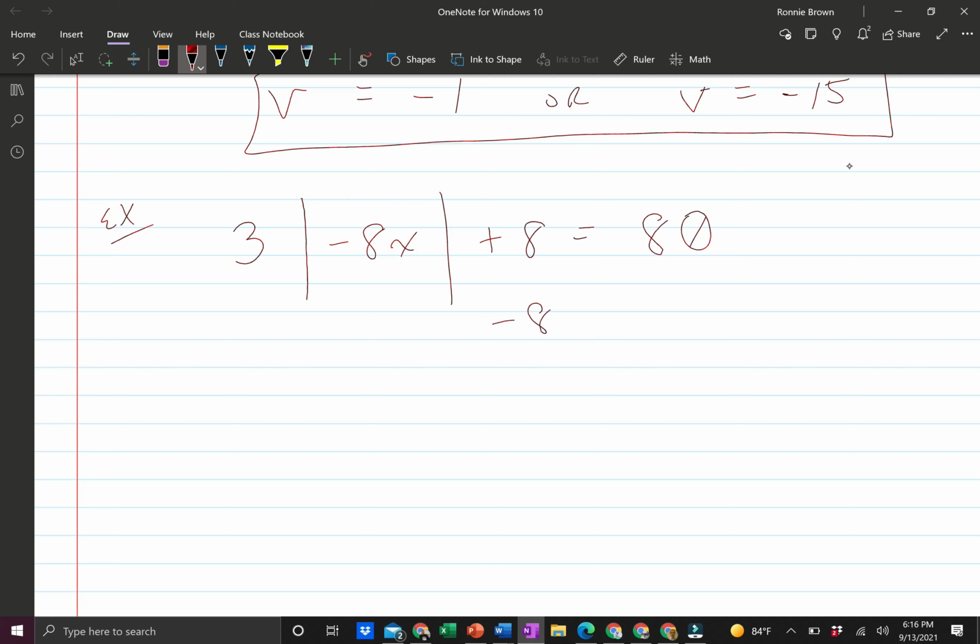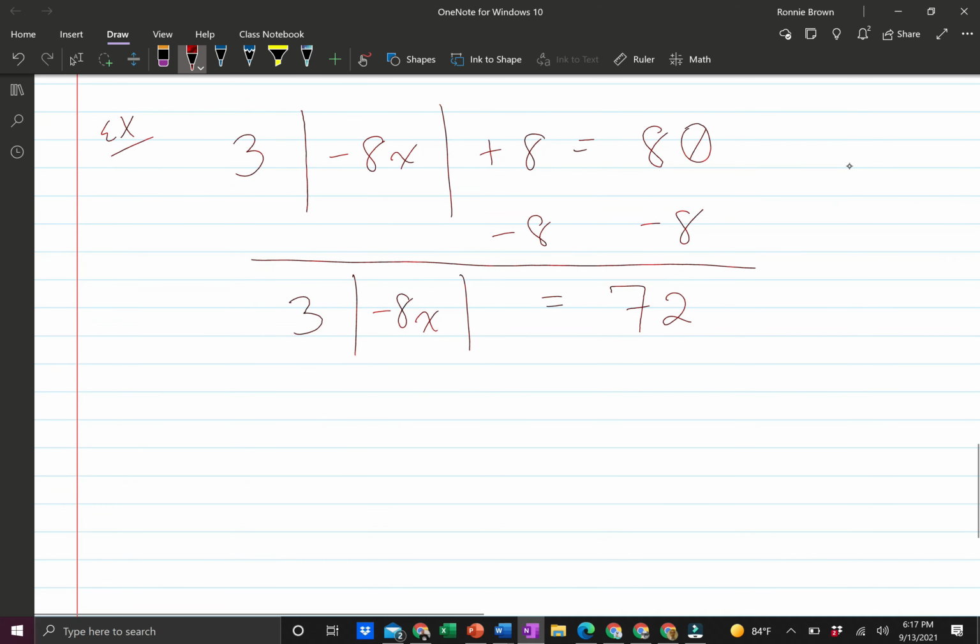So to get rid of it, I do its inverse. I subtract 8. So I have 3 times the absolute value of 8x equals 80 minus 8. It's going to be 72. So I moved that 8 out of there, so that's cleaning it up a little bit, but there's still that 3 in front. And remember, we don't want anything behind the absolute value or in front of it, but we have the 3 there. So the 3 is being multiplied times the absolute value of negative 8x.